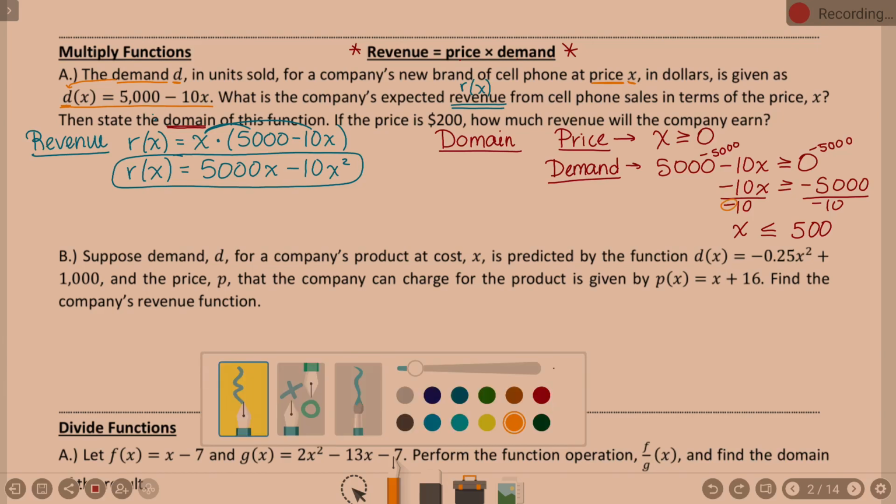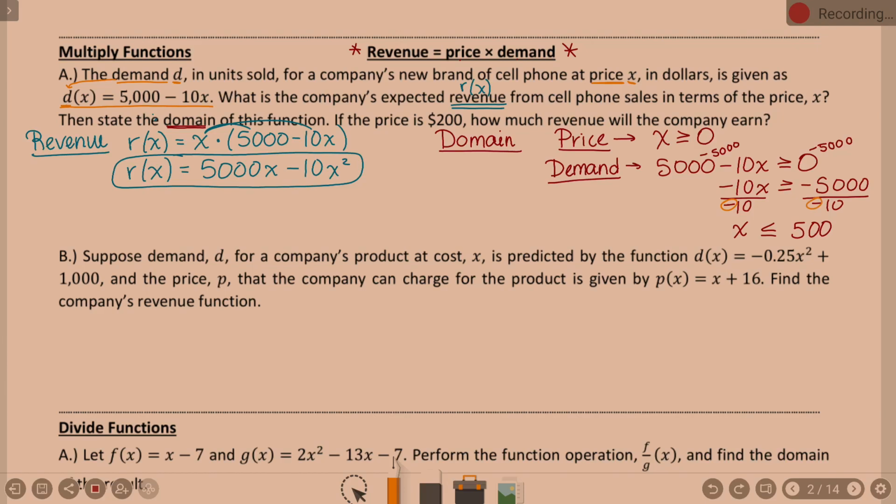Because we divided by that negative there. Now, if I would have taken Braden's way and I would have added the 10x, I wouldn't have had a negative to divide by, right? But what I would have had is x on this side, 500 on this side. So I would have ended up with the same thing of x less than or equal to 500. It just would have been reversed. Okay.